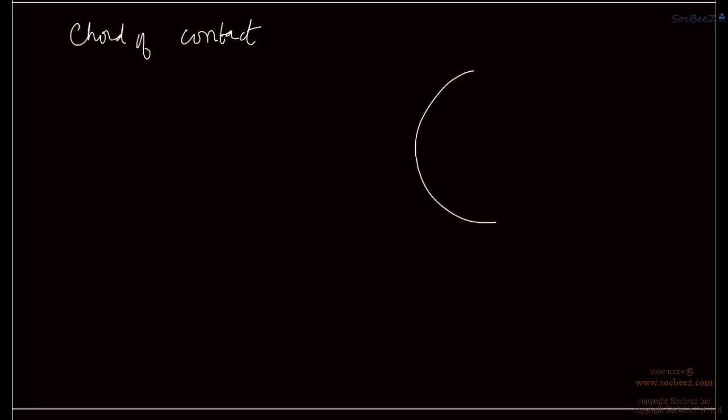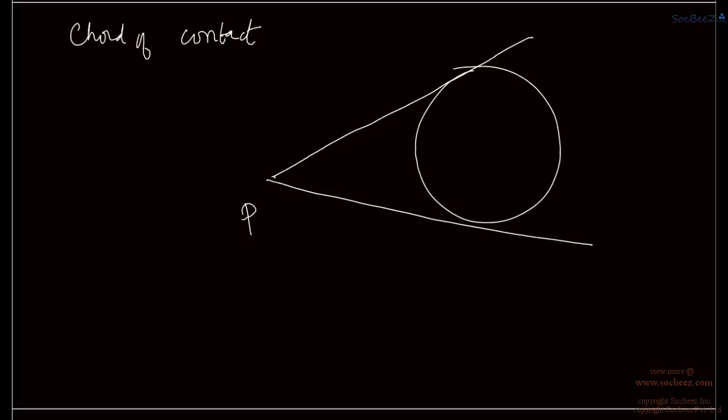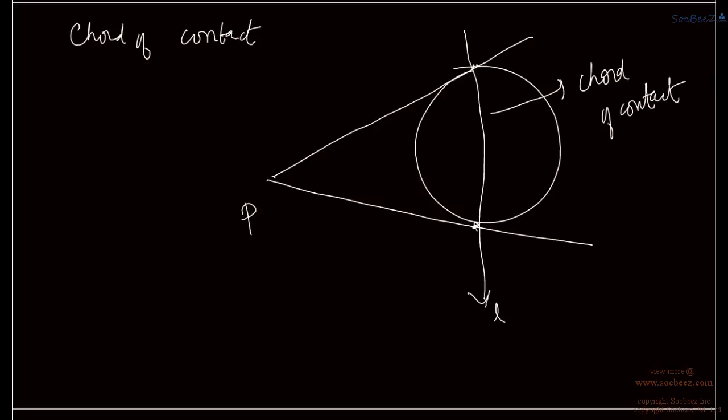Now we also have the chord of contact. This is a circle and this is a point P (x1, y1). Two tangents can be drawn on this circle. Joining these two points of contact, we have a line L, which is a chord, called the chord of contact.